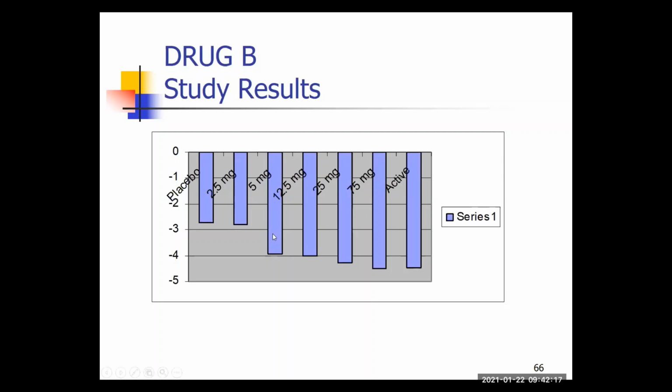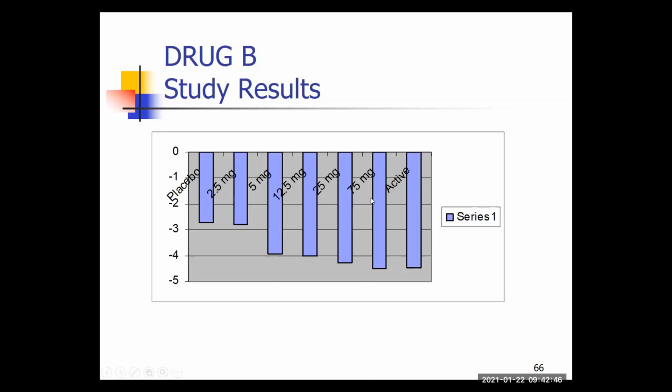But in study results like this, people are going to say 5 is your minimum effect dose. Of course, you can argue, why don't you say 3 or 4? It doesn't really matter. You don't have to go to 3 or 4. There's no need to split the hair. You say 2.5 doesn't work, and 5 works. So people can accept 5 being the minimum effect dose.